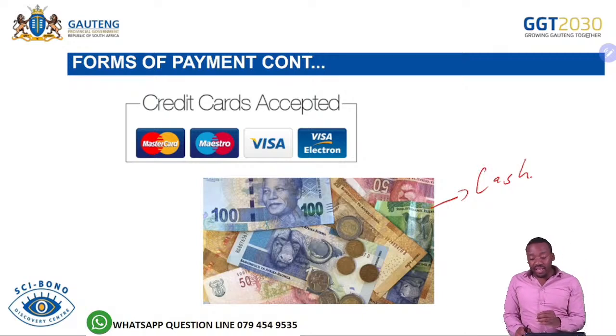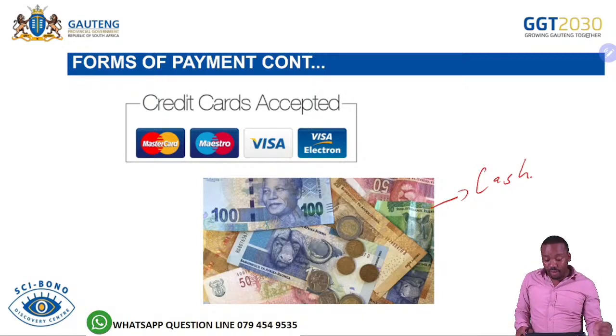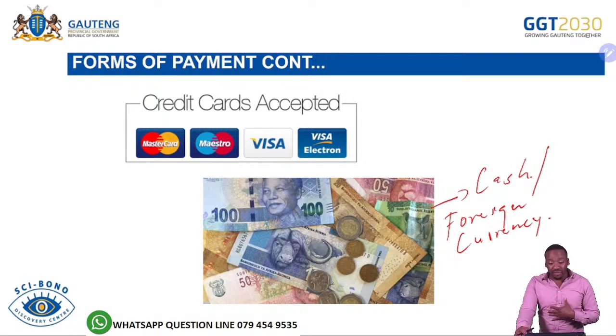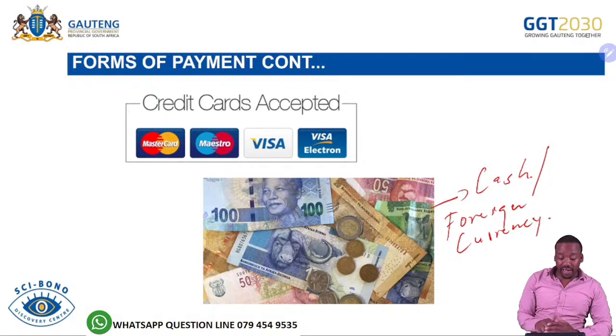So obviously, it is going to depend again on the country that you are visiting. So it is going to be cash or foreign currency. Obviously, for us South Africans, it is our local currency. But when you go to other countries, then we need what? Their cash or their foreign currency.